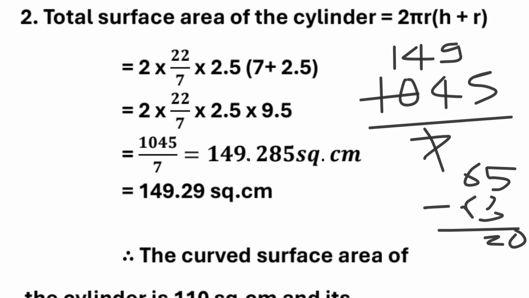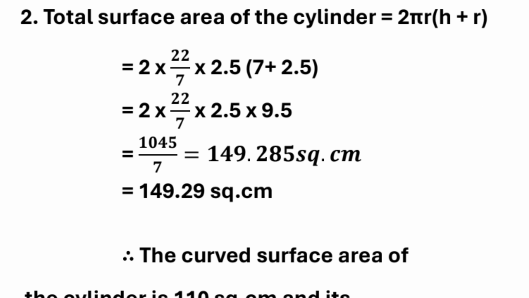Now 7 twos are 14, then 6 left, then 7 eights, and then 7 fives, okay, this way. Now here I have written 8 and last 5.